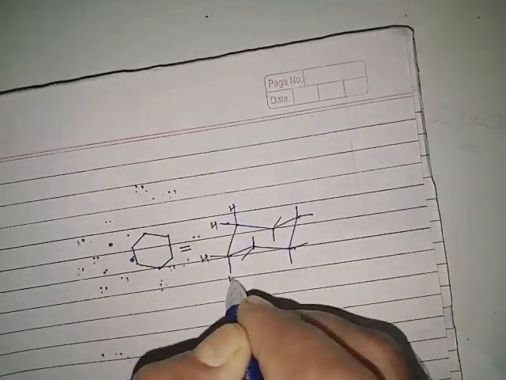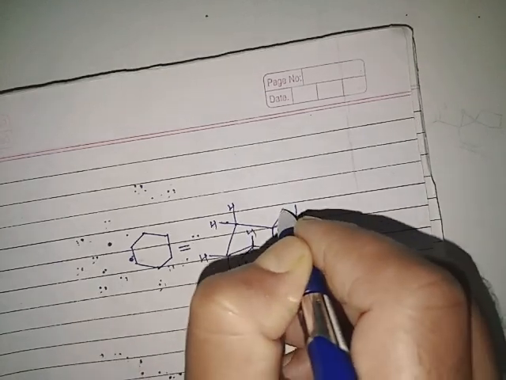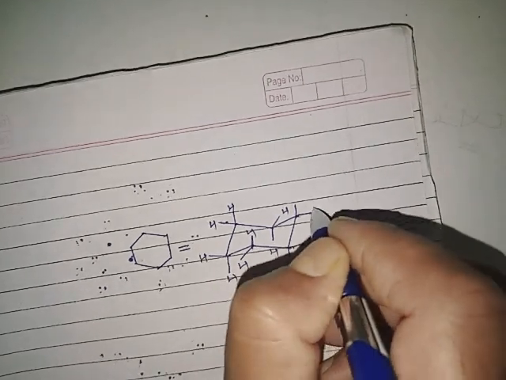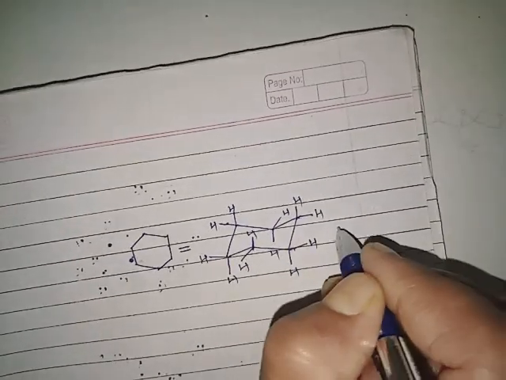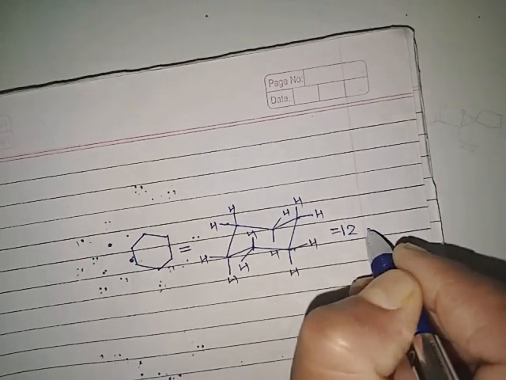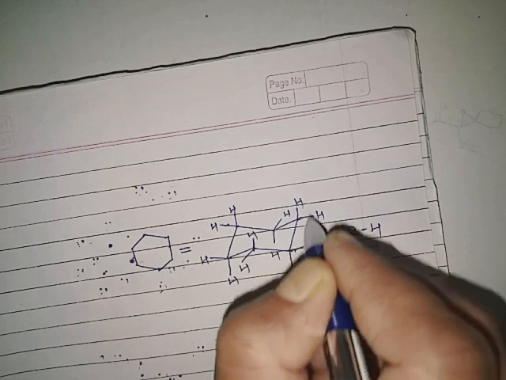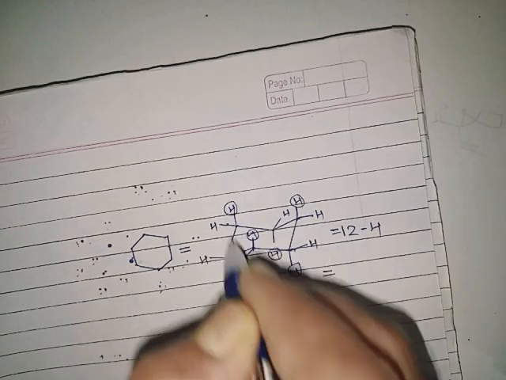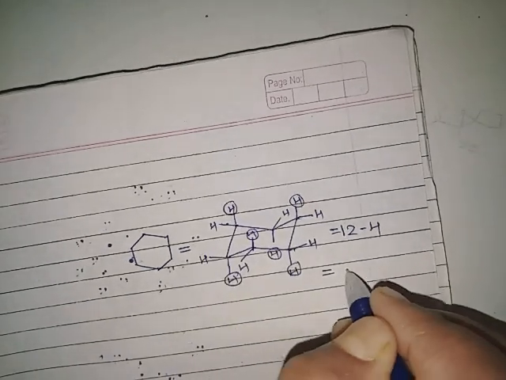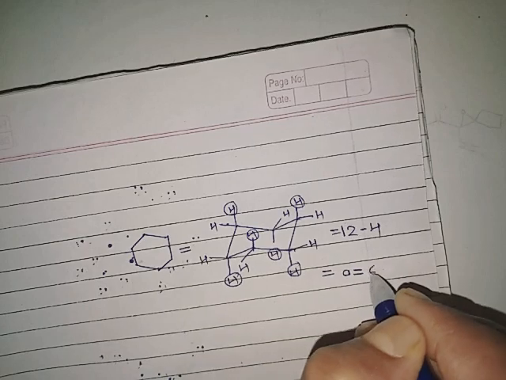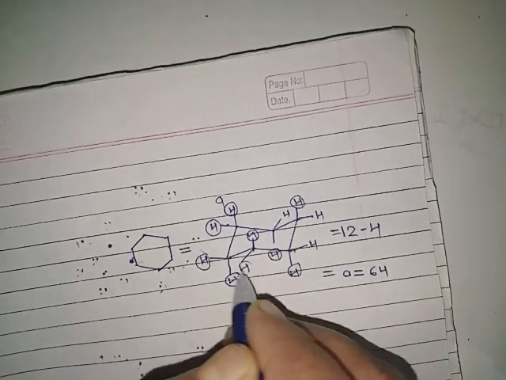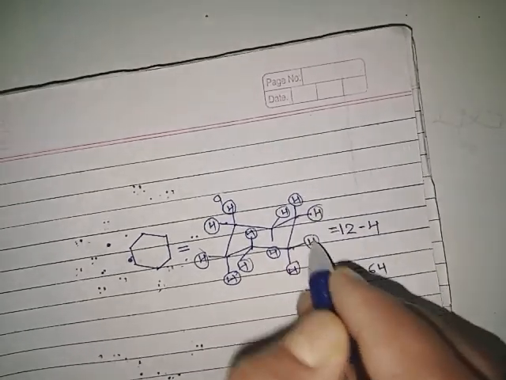So out of these 12 protons, we have 2 sets. Suppose the A set has 6 axial protons and the remaining 6 equatorial protons are the B set.